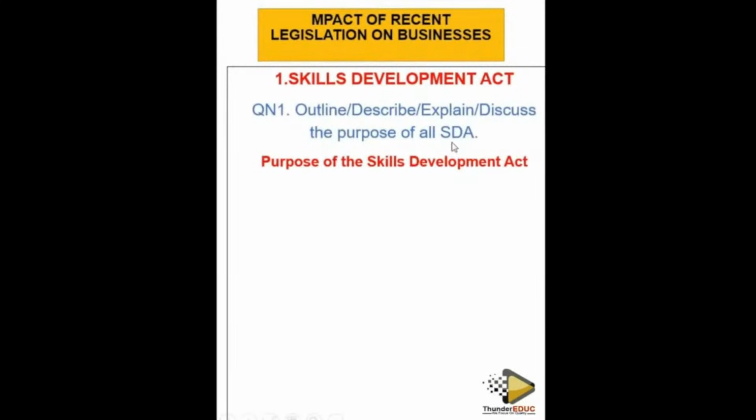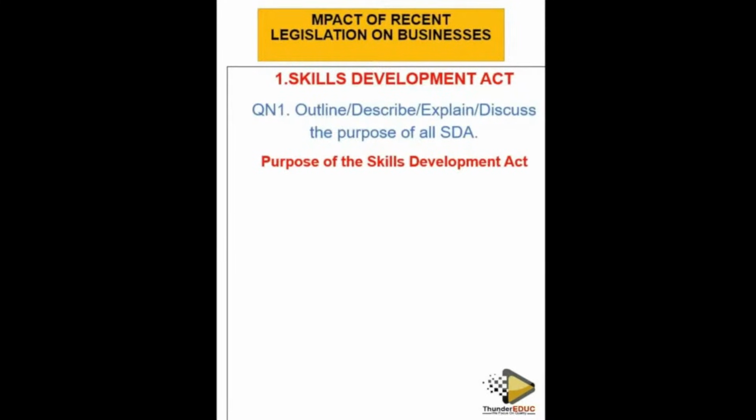You will still remember, when we talk of the Skills Development Act, we talk of the act that has been established so as to enhance the skills of people who are already employed. So this one shows that people who are not already at the workplace, they don't form part of this Skills Development Act. So now we're going to check the purpose of this act.